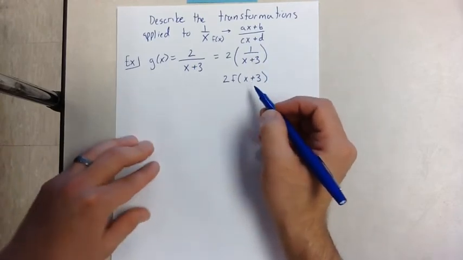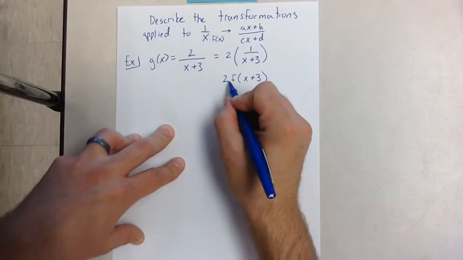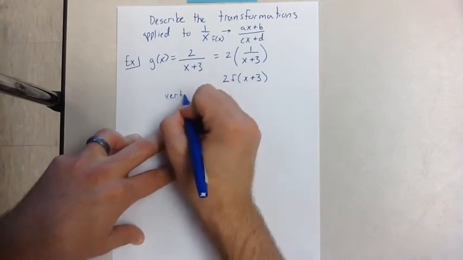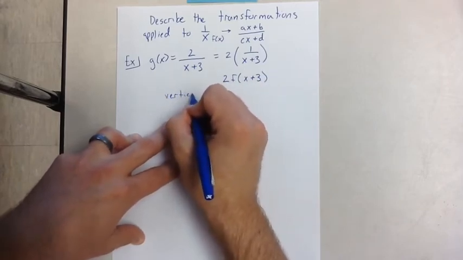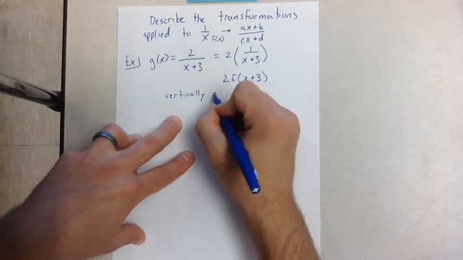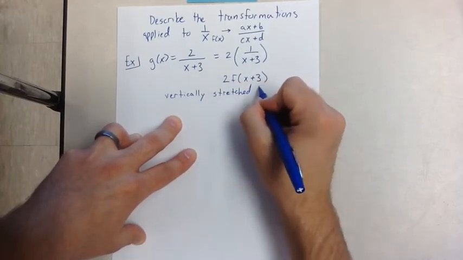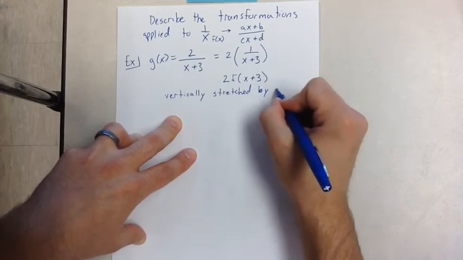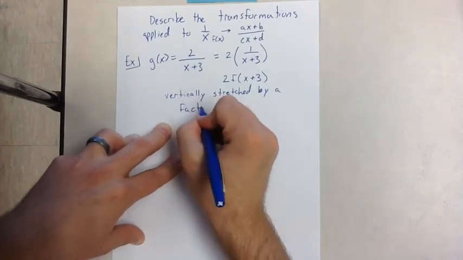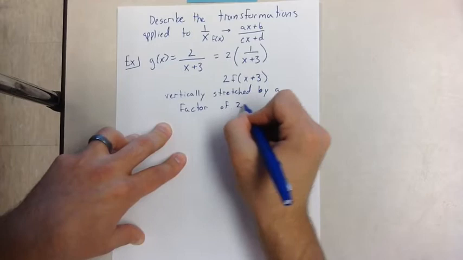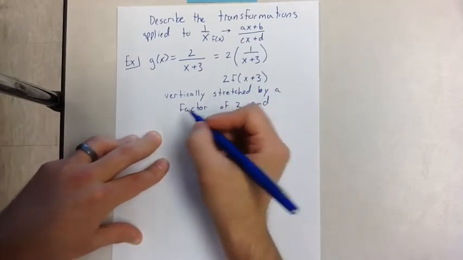So verbally, what we're saying is we multiply by 2, so we have a vertically stretched by a factor of 2, and shifted.